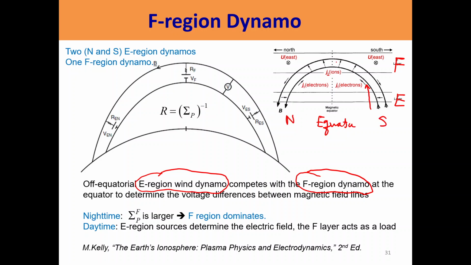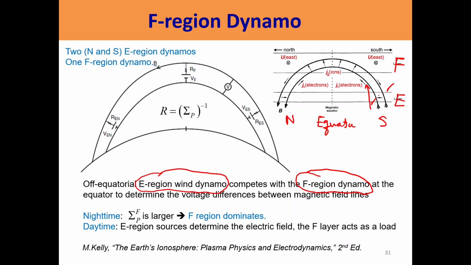So it will carry ions and electrons all over the place. So E region, and these are just multiple magnetic field lines. So there's some type of connection between these two areas.